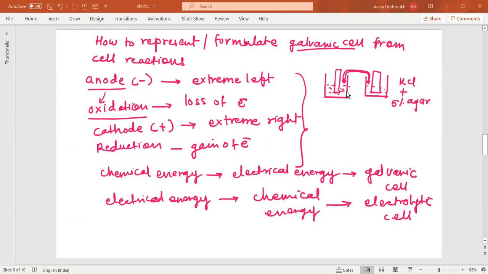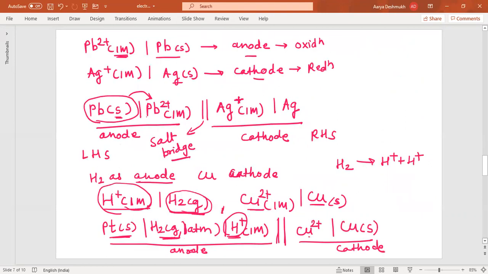Now let's come back to how to represent or formulate the galvanic cell from the cell reaction. Now let us proceed to the next slide. Suppose this is given to you: lead with a known concentration, that is 1 molar.